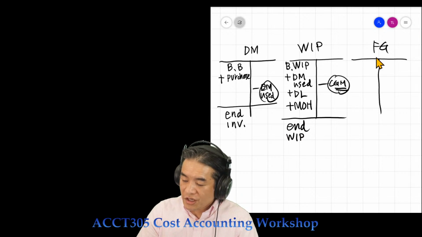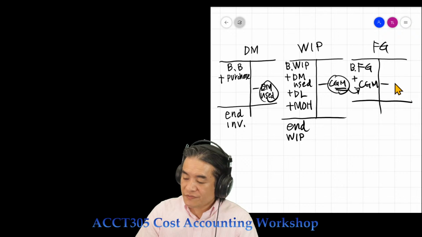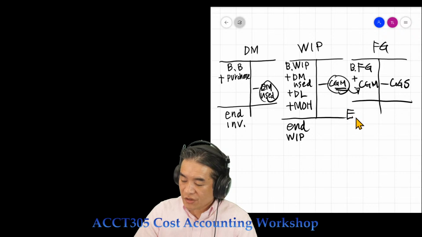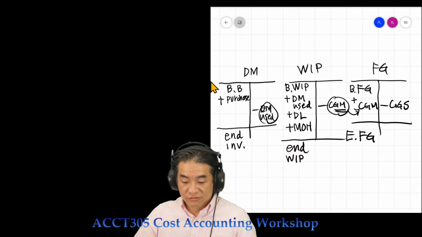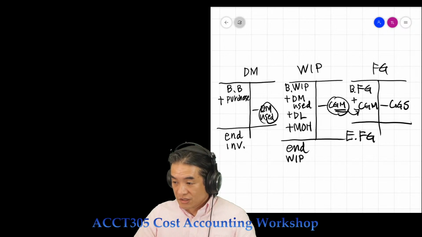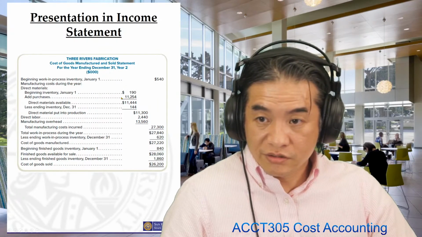So over here at finished goods, we have beginning finished goods plus this item here, CGM. If we transfer out, it is the cost of goods sold. And then over here, we have ending finished goods. That's it. It's the same thing as what we saw earlier over here.